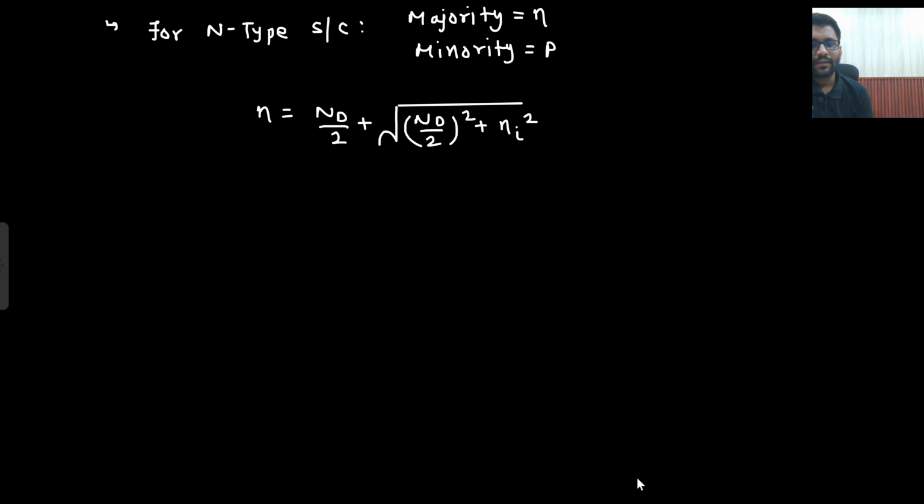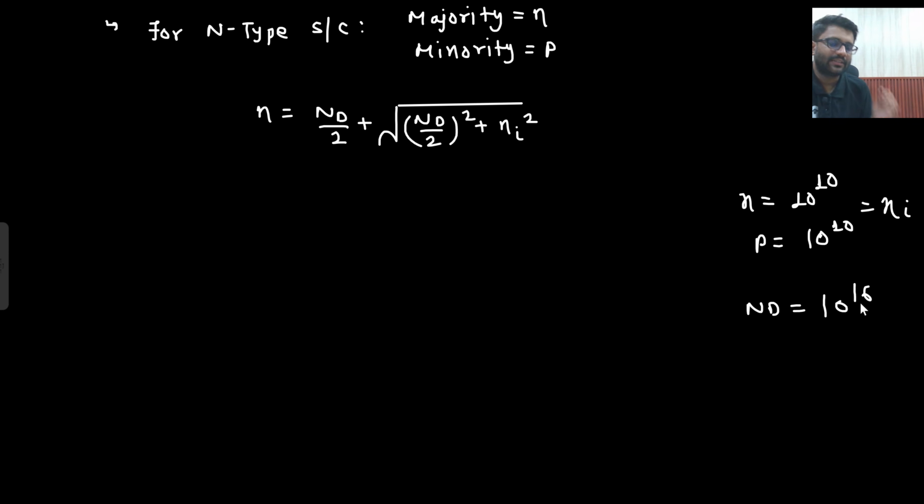Okay. Now in most of the cases what will happen, let's just say my Ni was 10 to the power 10. Like previously my number of electrons and number of holes were 10 to the power 10 when it was intrinsic. Now I will do the doping much higher than this one. I will dope 10 to the power 16. My donor atom, that means I am putting 10 to the power 16 phosphorus atoms.